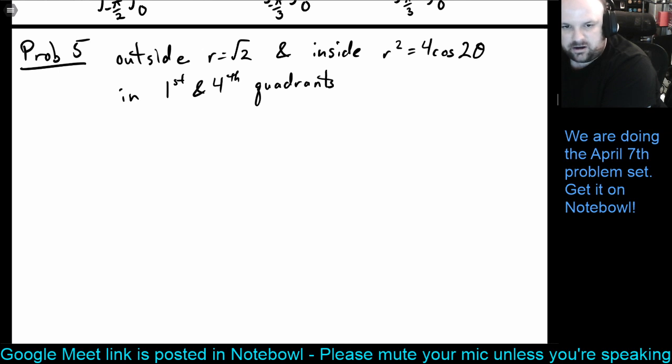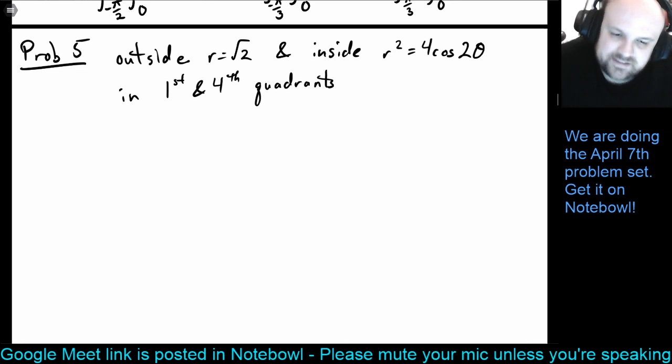Let's make r go from 0 to 2, and theta go from 0 to 2 pi. So we're looking at something like this here.